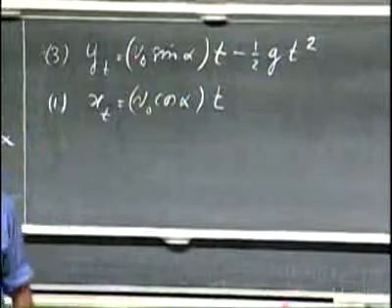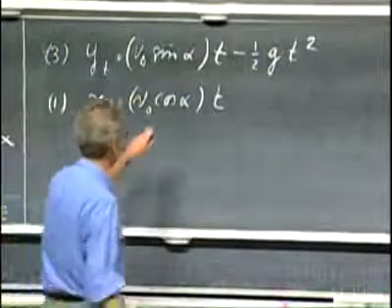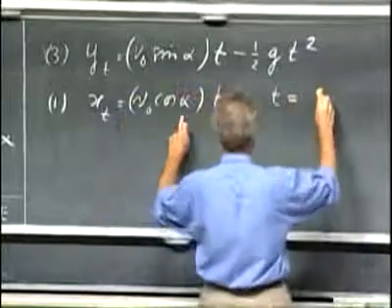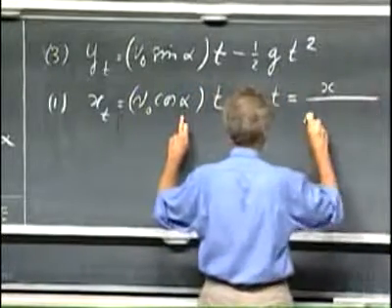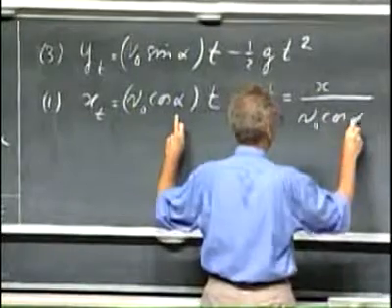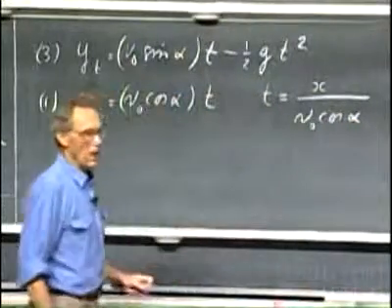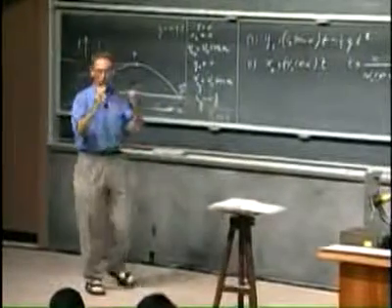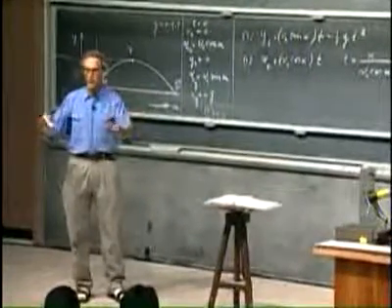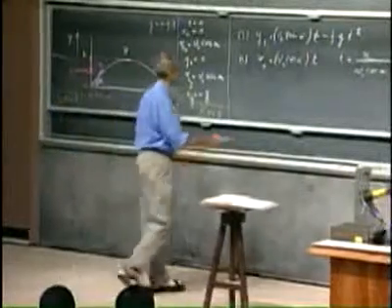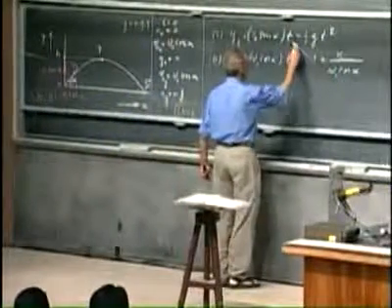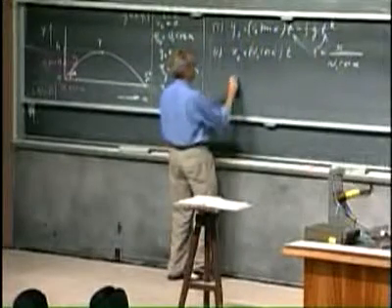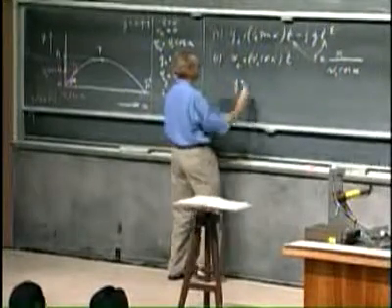Now I eliminate t, and the best way to do that is to write for t x divided by v0 cosine alpha. Now I can drop all sub-indexes t, because we're now going to see y versus x. We're going to eliminate t. So I'm going to substitute this time in here and in there, and so I'm going to get y equals.